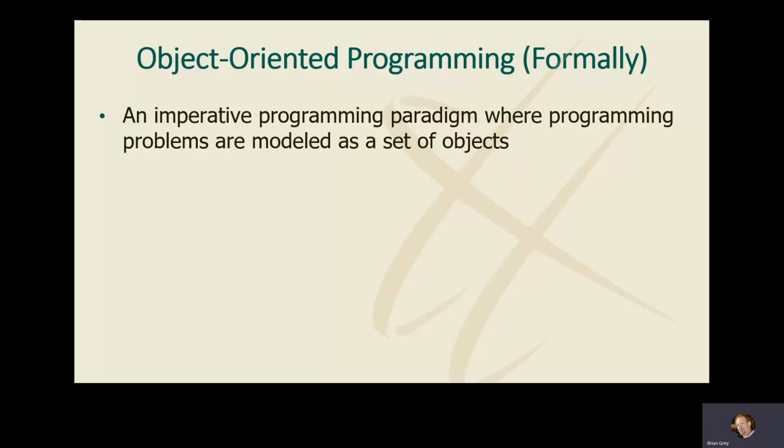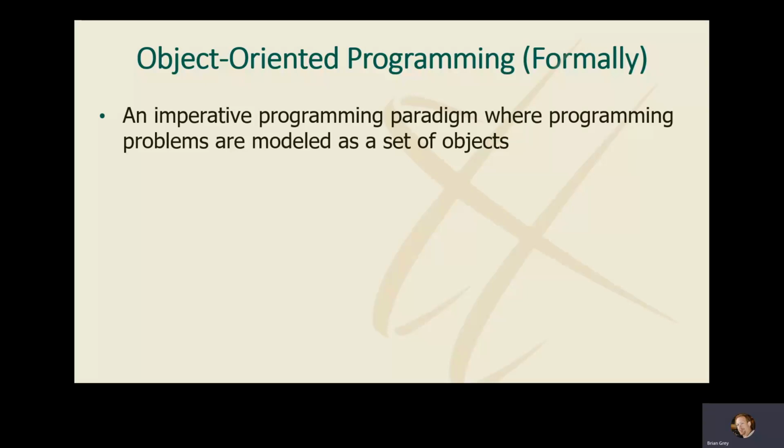If anyone's done any moderately complicated formulas in Excel, that is a functional programming paradigm, where you call a function and you give it data and it outputs something, and that output might be an input to another function, and then you do some math and you do some string formatting, and then that becomes an input to another function. That's a functional programming paradigm.